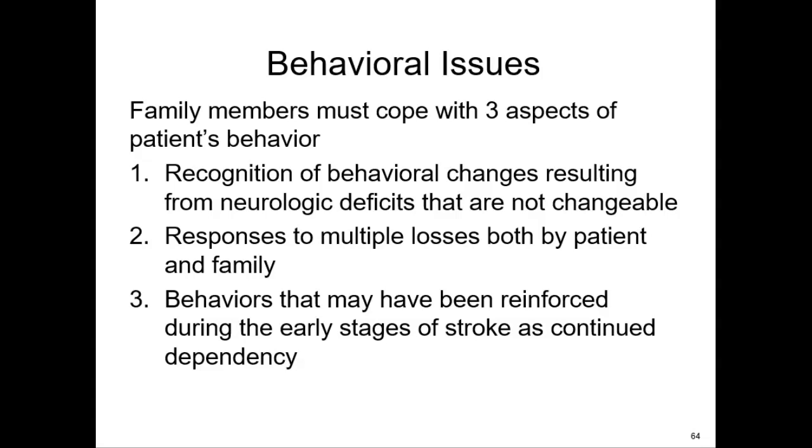So we have to work very hard to work with the family to get them basically to let the patient do as much as they can for themselves and support the family through this. Stroke support groups are helpful, and they may be found in the rehab facilities or in the community.